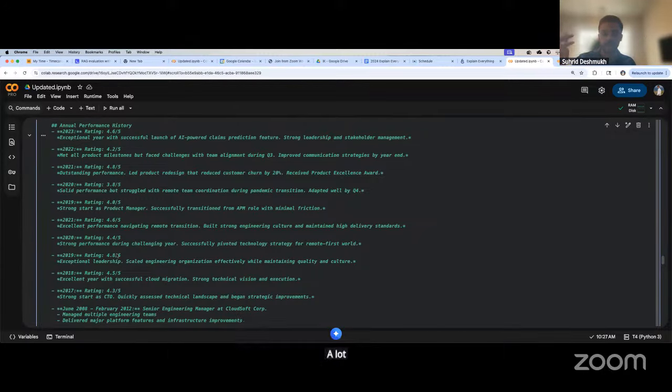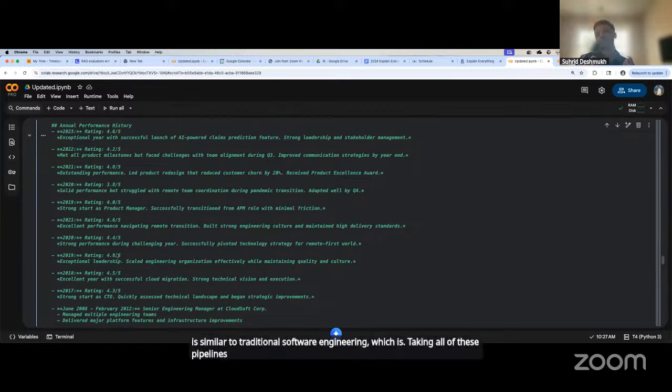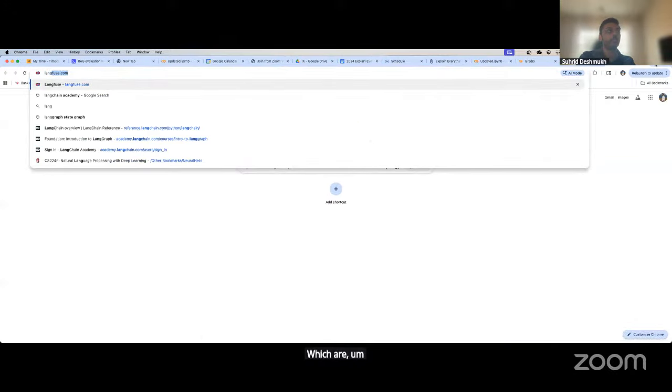A lot of the work from this point onwards is similar to traditional software engineering, which is taking all of these pipelines and creating an automated framework, evaluating them, deploying them, and setting up infra for model monitoring.